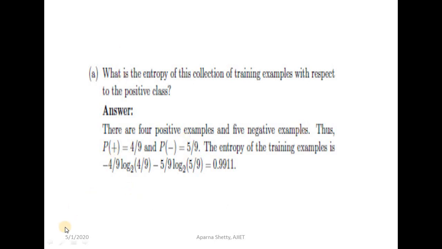Entropy is given by the formula minus summation of i equal to 0 to C minus 1 of P of i given t, log to the base 2 of P of i given t.